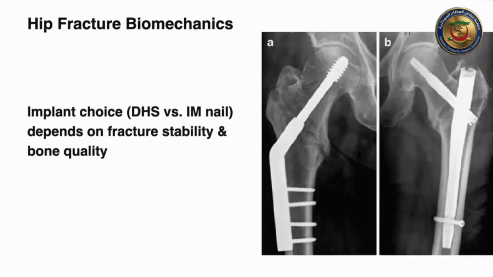When we treat intertrochanteric fracture, we have to choose between DHS and PFN. Actually, in stable fractures they have equal results, while in unstable fractures the PFN is superior.